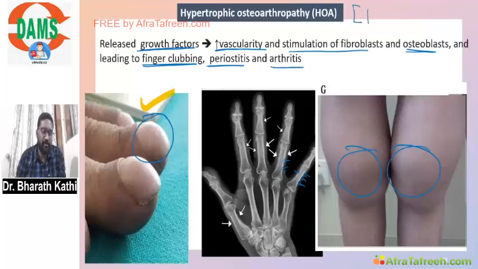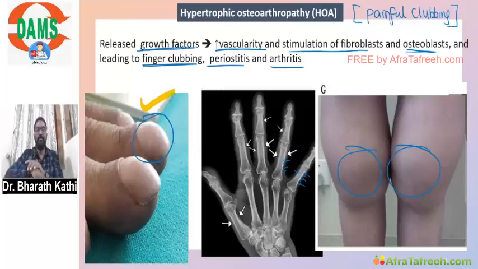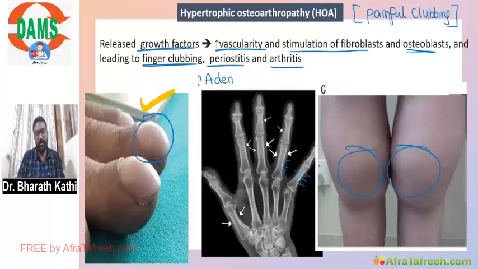This is also referred to as painful clubbing. Generally clubbing is painless, but when there is painful clubbing with joint involvement, it is called hypertrophic osteoarthropathy. In which condition do you see this? It is seen in adenocarcinoma.